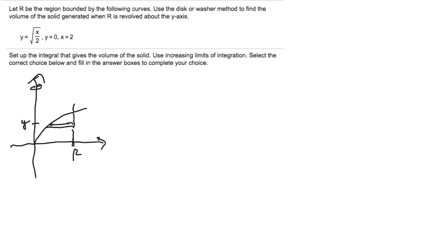Oh, I forgot to label this. So this is y equals square root of x over 2. This point right here, that's pretty easy to find because we know the x-coordinate is 2. And so then we can just use the equation to find the y-coordinate. The y-coordinate of the parabola part is square root of 2 over 2, so 1.